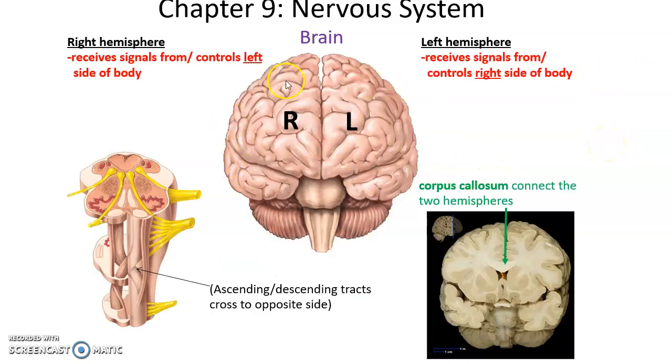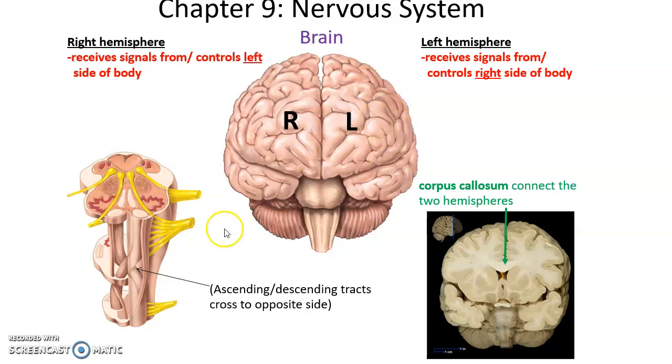All right, here is again another view of the right and left hemispheres of the cerebrum. While they are very similar, they do have some differences. For instance, the right hemisphere is receiving signals and controls the left side of the body, and the left hemisphere receives signals from and controls the right side of the body.